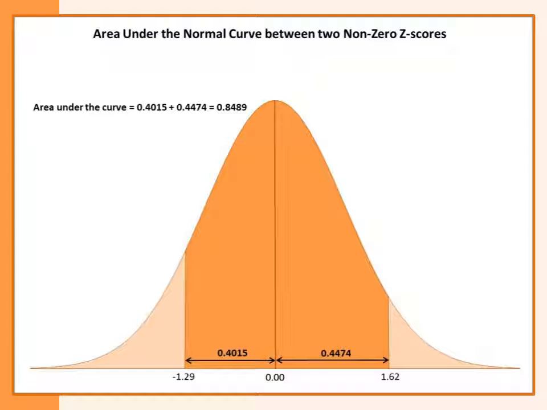The proportion of the curve that falls between 0 and 1.62 is 0.4474. Adding those two values together to get the total area under the curve between minus 1.29 and 1.62, we see that the total area under the curve between these two z-score values is 0.8489.